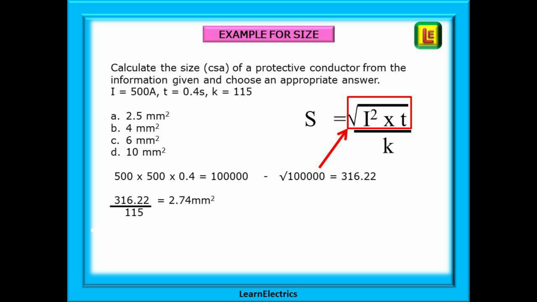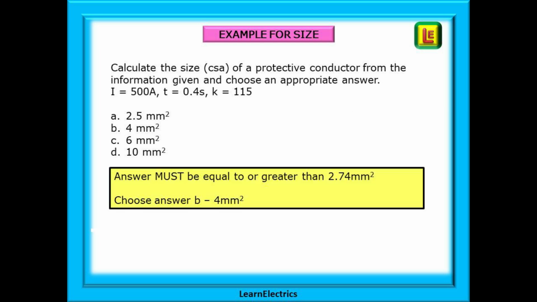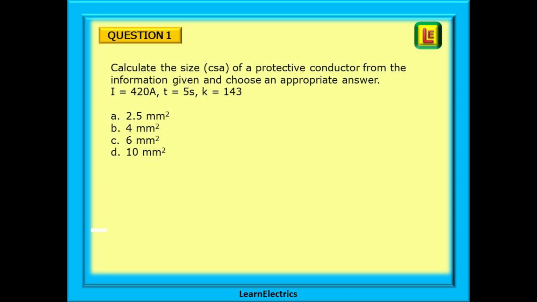Again, chop it off at 2 decimal places. That's the answer, 2.74. But what are we going to select from our 4 choices? The answer must be equal to or greater than 2.74, so that must be a 4mm cable. Choose answer B.